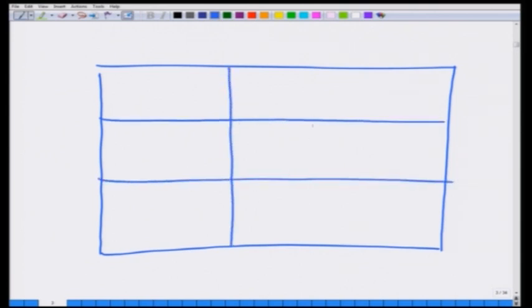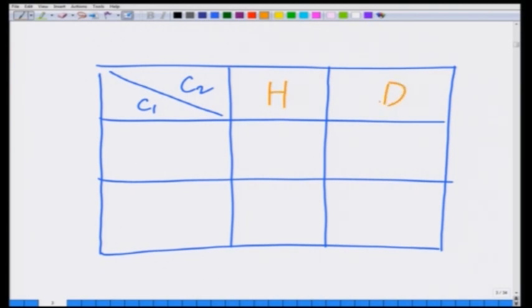I am going to represent country C1 on the rows, that is, my row player is C1, my column player is C2, and both of them have two options, either to invest in health or defense.